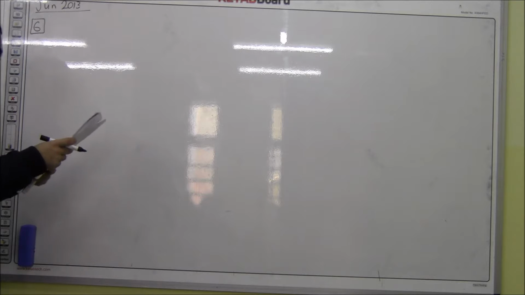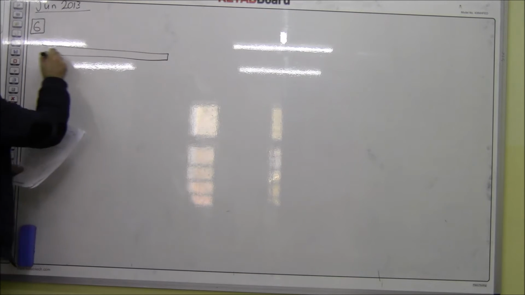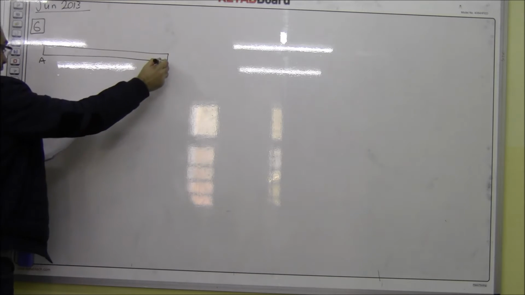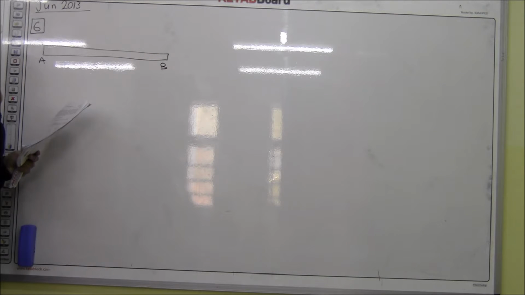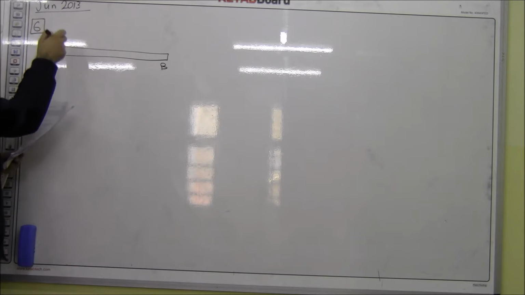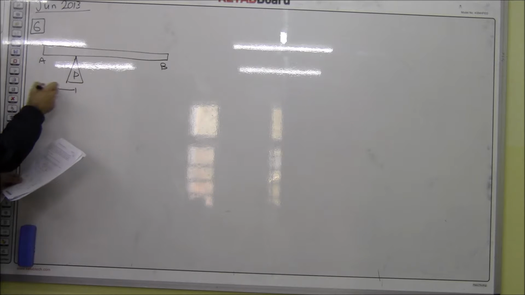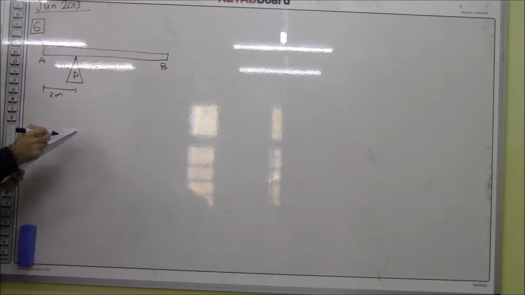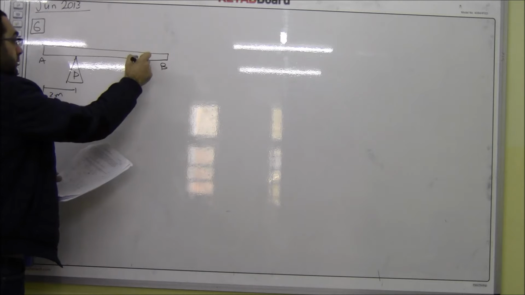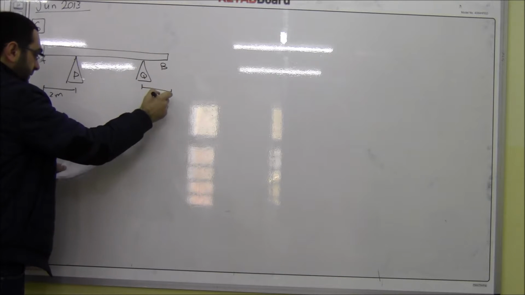Okay guys, this is AB. P and Q are the two supports, and the overall length is 15 meters. AP is 2 meters, right? And QB is 3 meters, right?